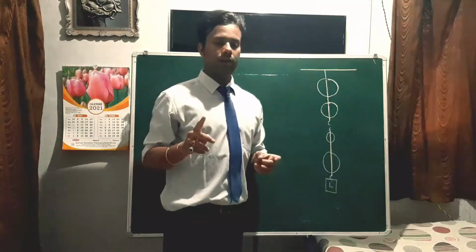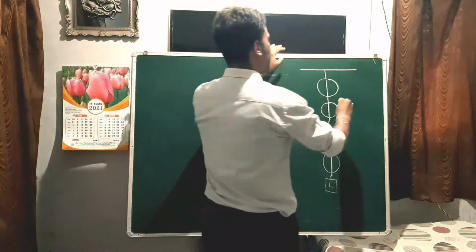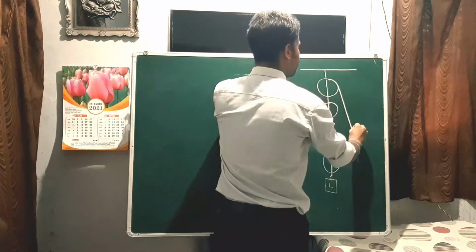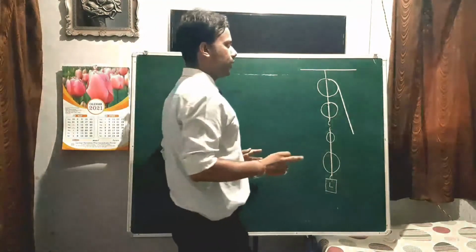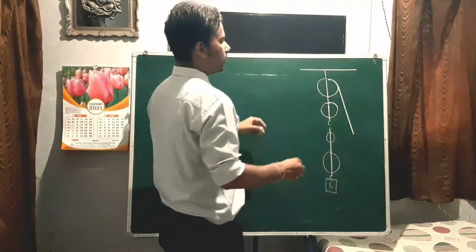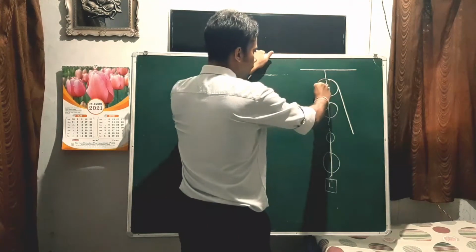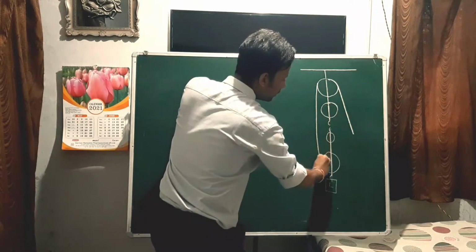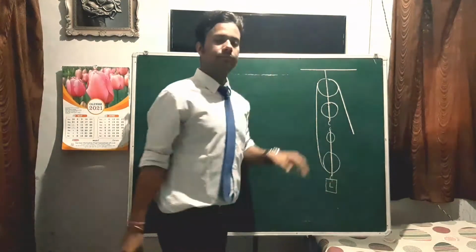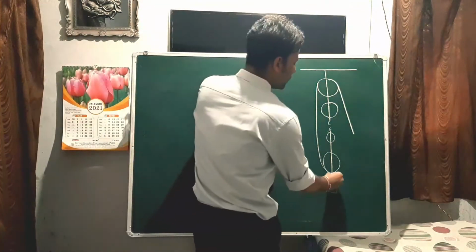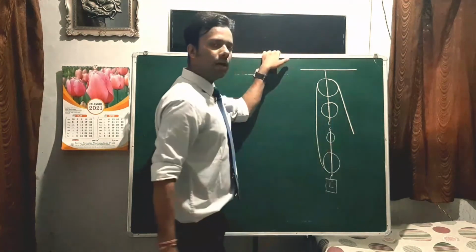One thing you must know is that whenever we apply the effort, we try to apply it in the downward direction. That means the effort is acting in this direction. We are creating the effort in the downward direction. So we'll start from here, right? Now this string will go like this, and it will directly reach the pulley on the lower block like this. Okay, simple. Then take the string to the next pulley in the upper block.